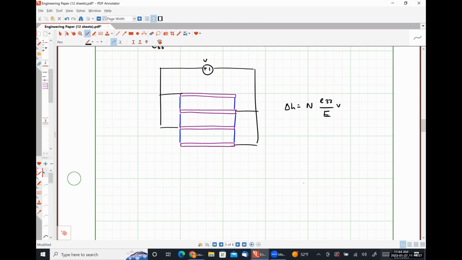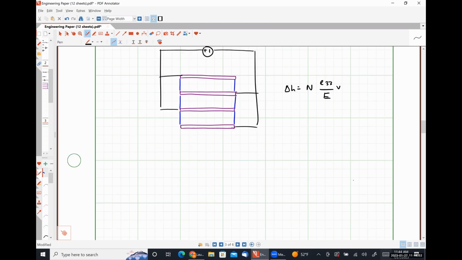We have a piece of material and it is being elastically deformed. So we can effectively think of this as a non-piezoelectric material that is being stretched in a particular direction by this piezoelectric effect.